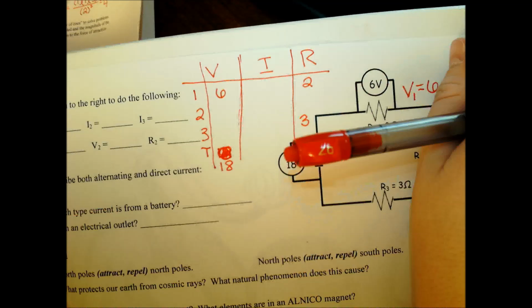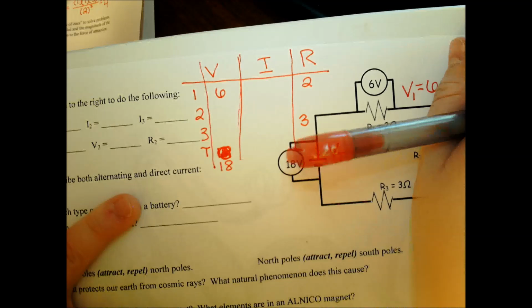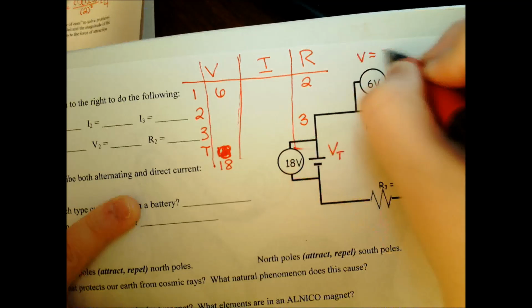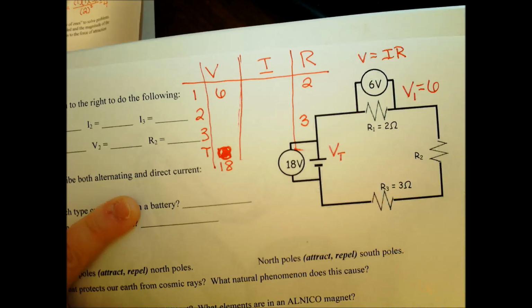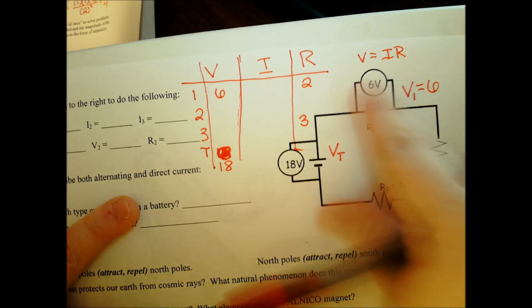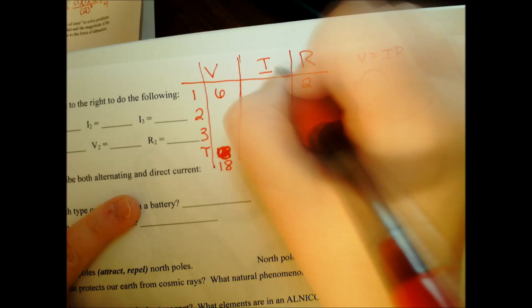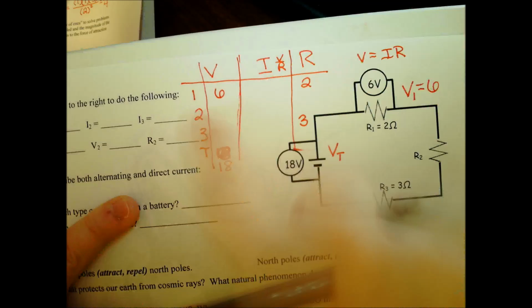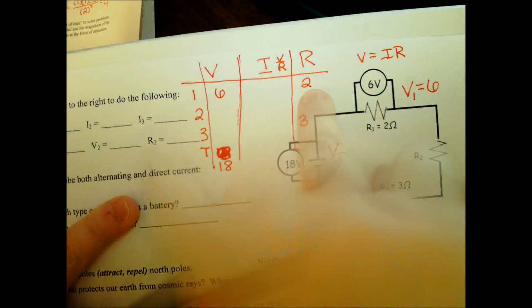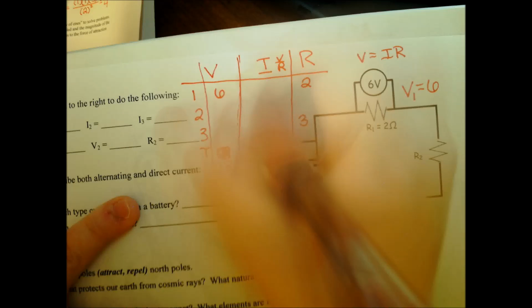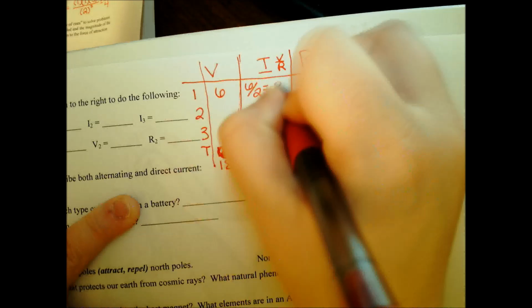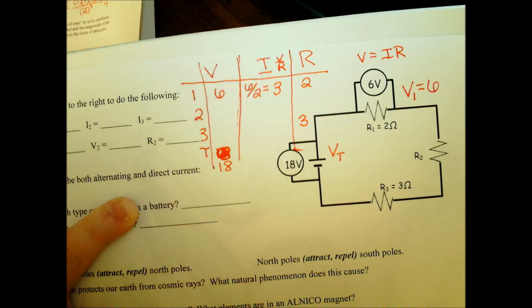Now, you look for places where you have 2 pieces of information because that means you can find the third. Remember that you're always going to be using some variation of Ohm's law, V equals IR. So if you rearrange that for I, it's going to be V over R. So we have V and we have R for the first resistor. So we'll do 6 divided by 2 is 3.